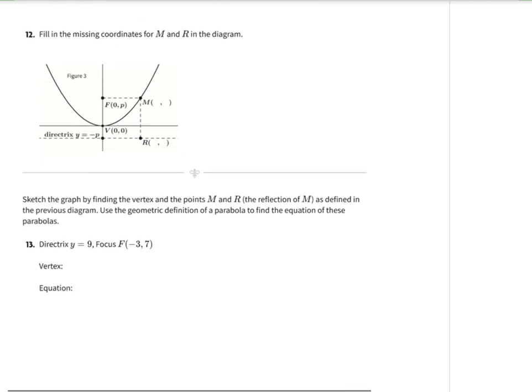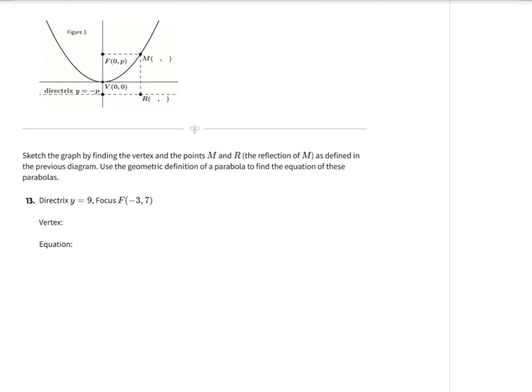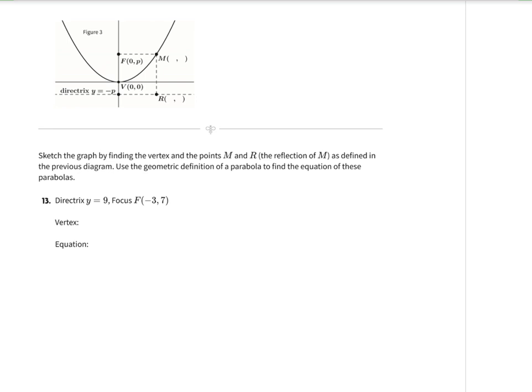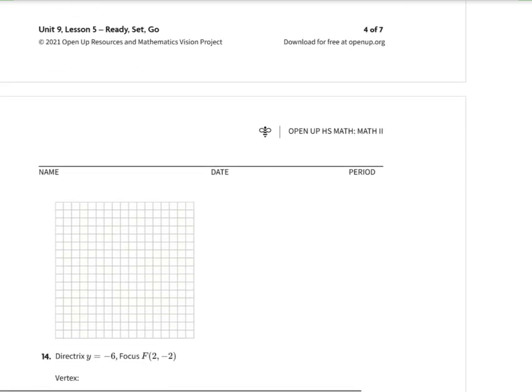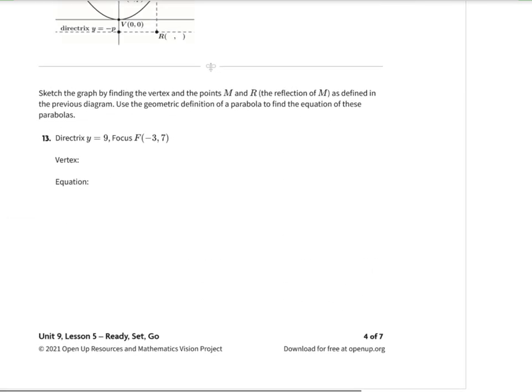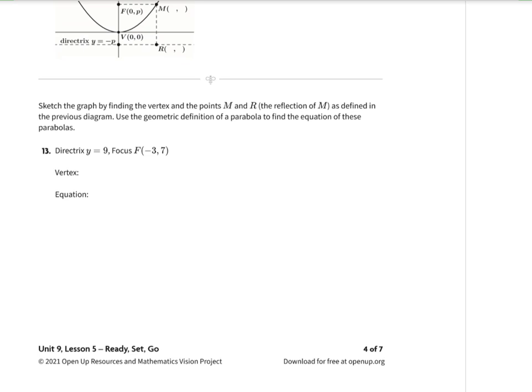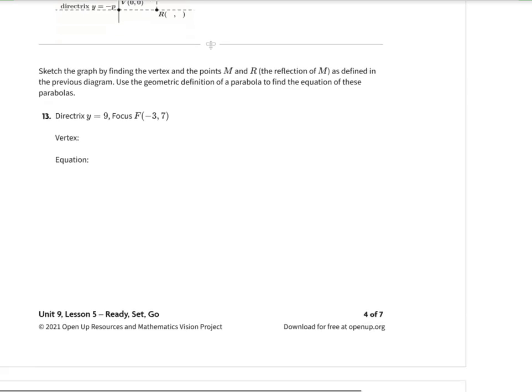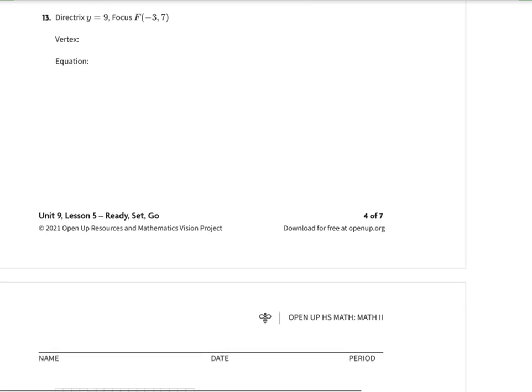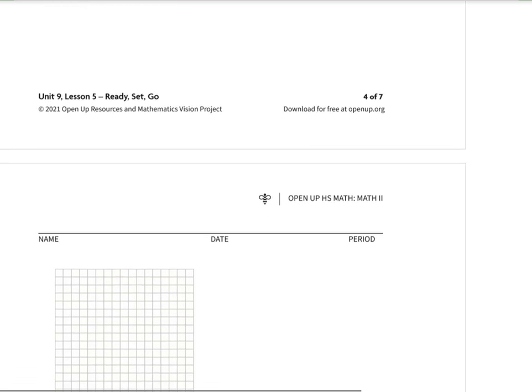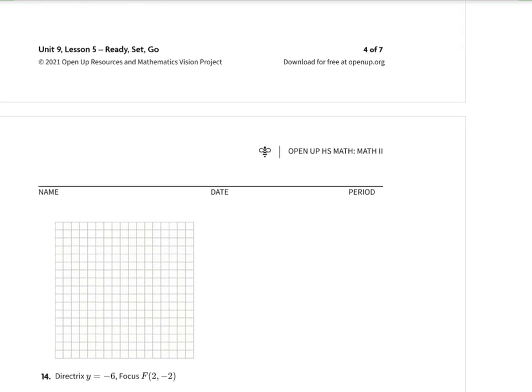So let's get going. Sketch the graph by finding the vertex. All right, so do they give us the focus? They do, but it's on the next page. So the directrix is y equals 9. The focus is at negative 3, 7. Directrix is at y equals 9.